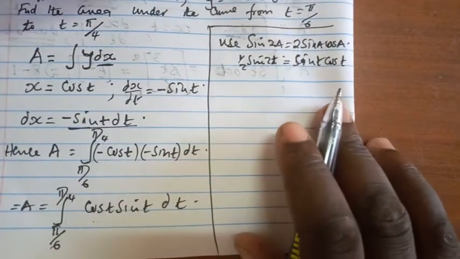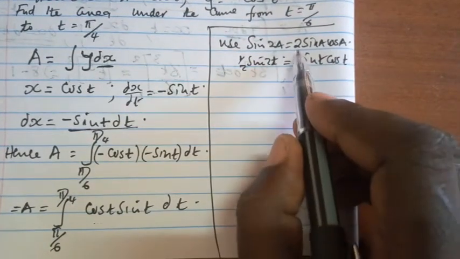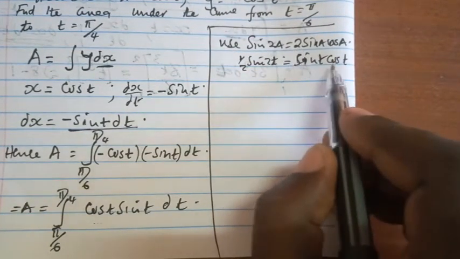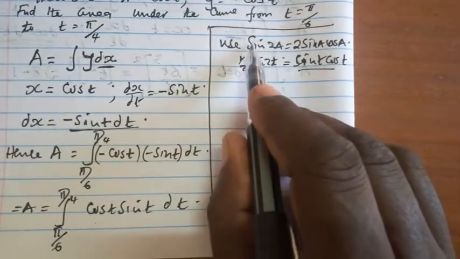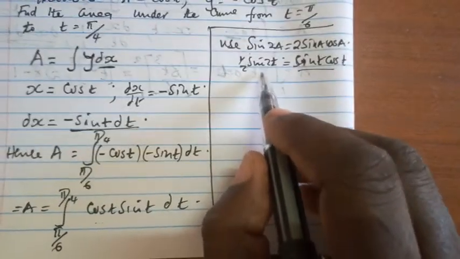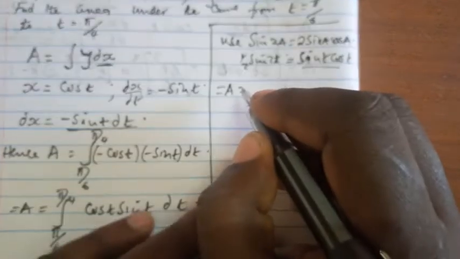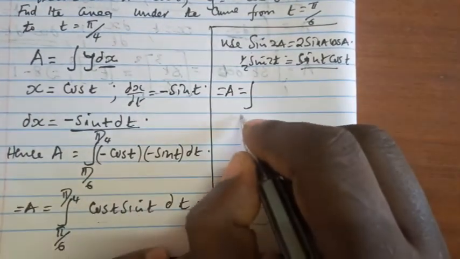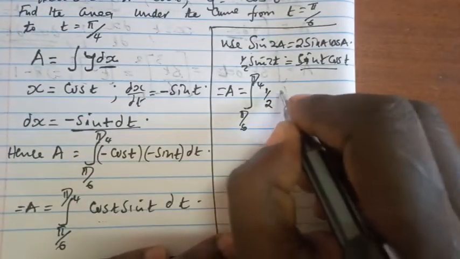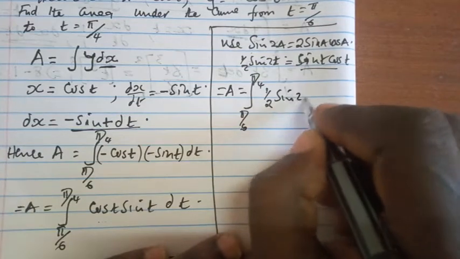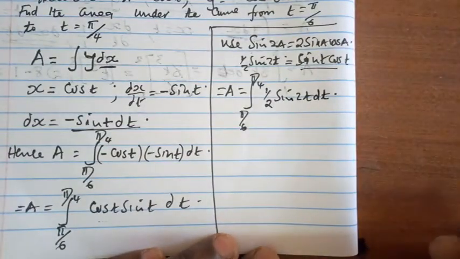If sine 2a is equal to 2 sine a cos a, and because we do not have 2 here, we have just 1, that means we divide by 2 to get this. So we now have our area equal to the integral from pi over 6 to pi over 4 of a half sine 2t dt.